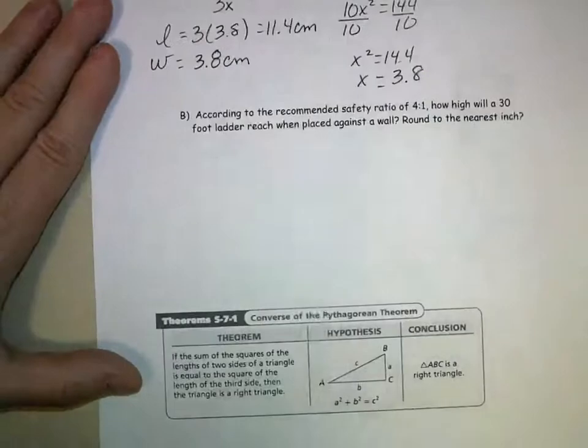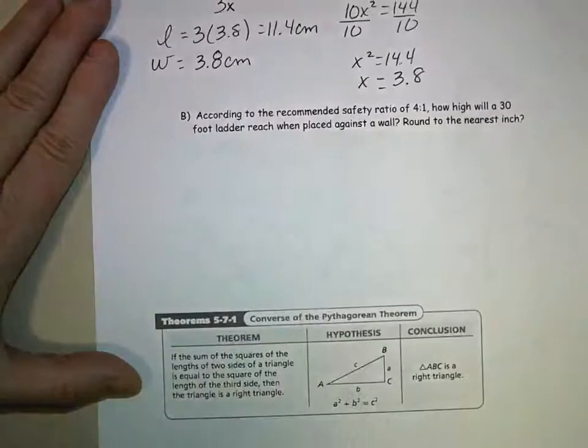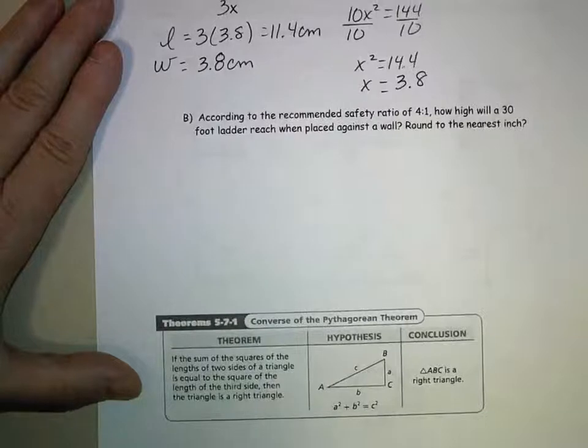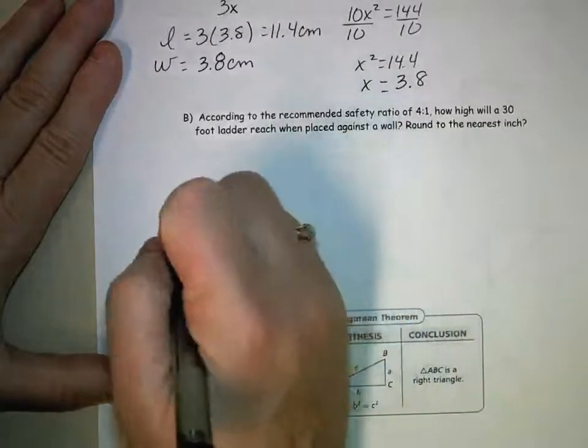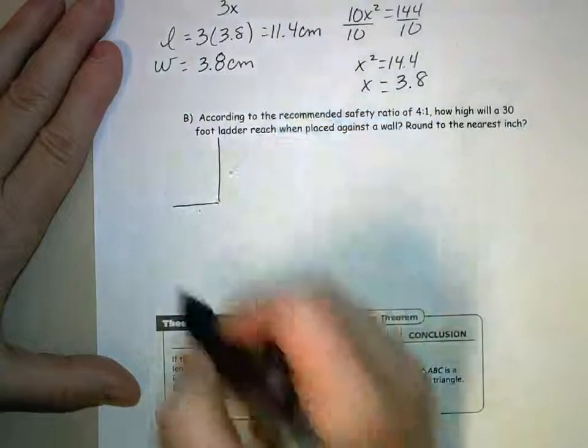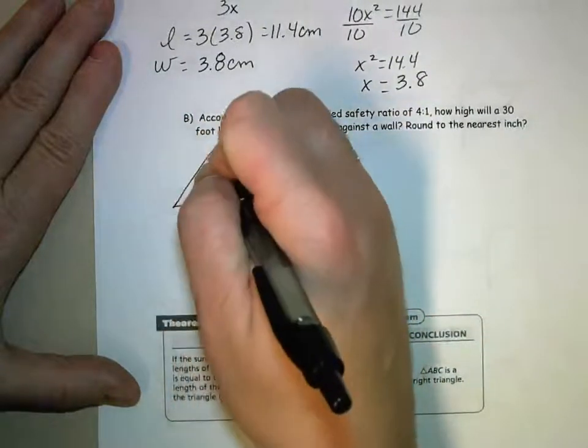Letter B, we have a ladder leaning against a building, and according to the recommended safety ratio of 4:1, we want to know how high a 30 feet ladder will reach when placed against a wall. Well, this is the ground and this is the wall, and we're going to lean a ladder up right here.